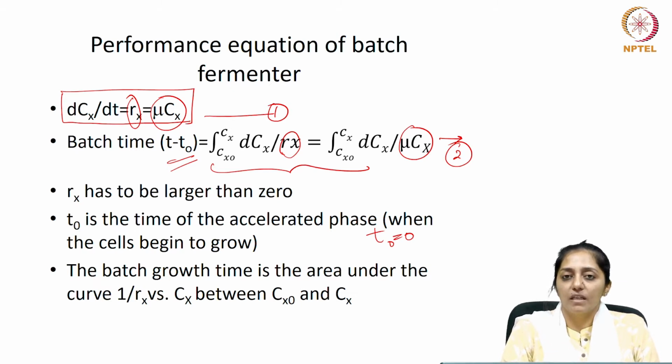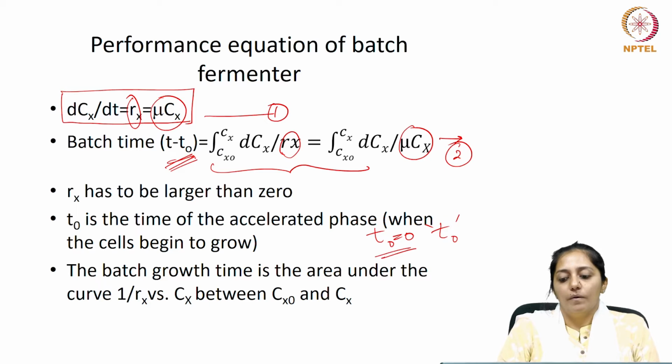So if there is a lag phase of some time T0, then the batch time would be the difference between the time of harvest and that T0. That is why it is given in equation 2 as T minus T0, where if there is no lag phase, then T0 can be substituted as 0.